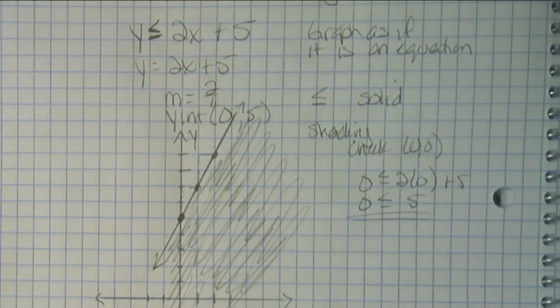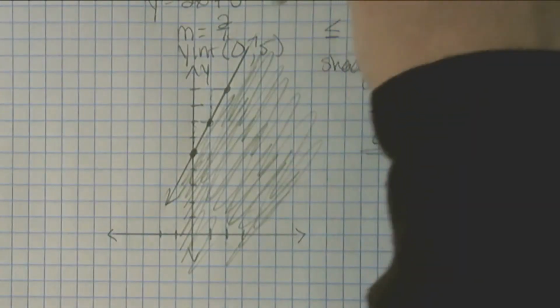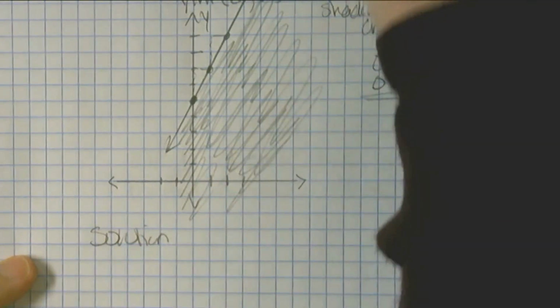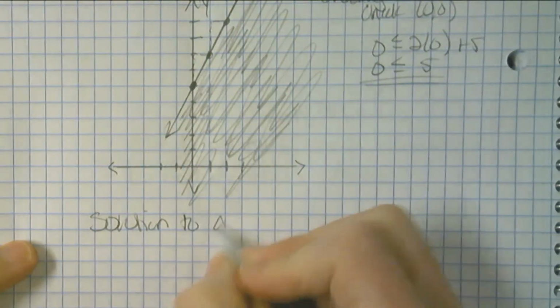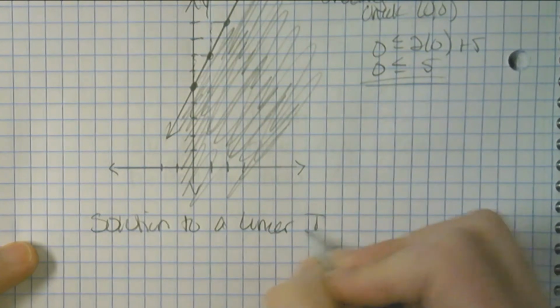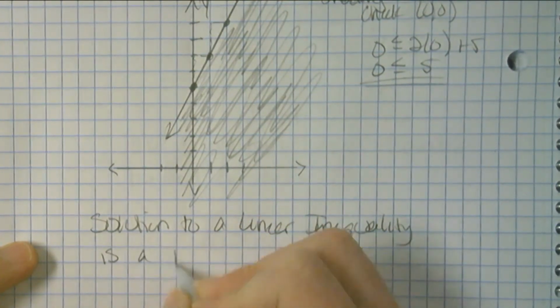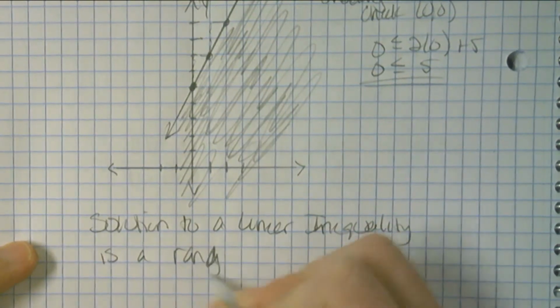How many of you guys remember us doing these? Awesome. Okay, so now what we're going to do is take this and combine it with a system of equations. So if we look at a linear inequality, the solution to a linear inequality is a range of points.